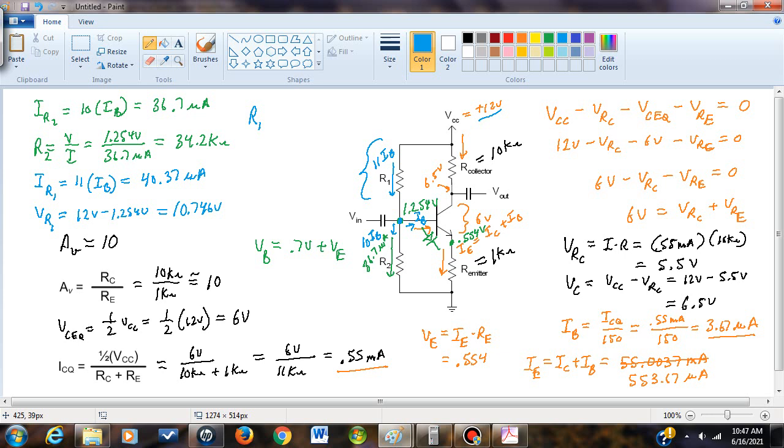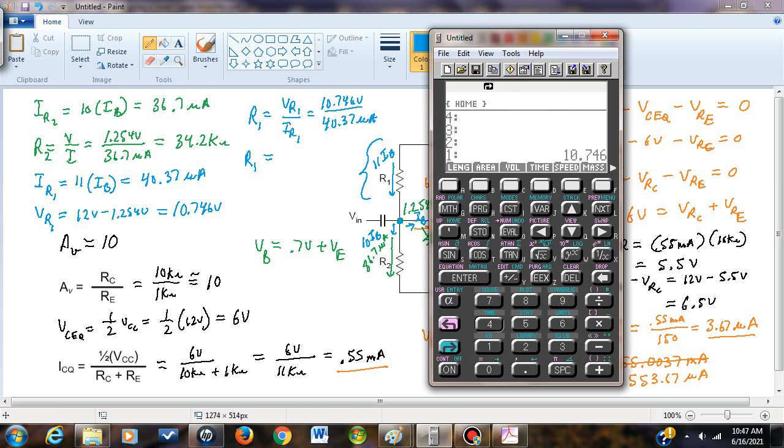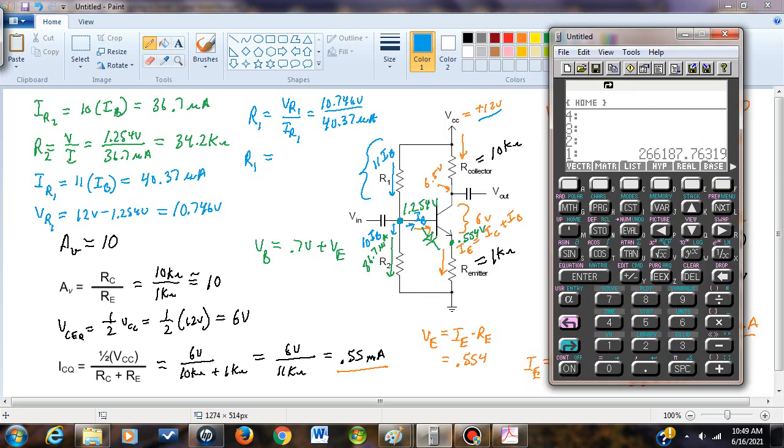So I can say that the resistance of R1 is equal to VR1 divided by IR1, which is equal to 10.746 volts divided by 40.37 microamps, which is going to be equal to, so the value that we arrive at is 266.2K. So it's 266.2 kilo ohms for R1.